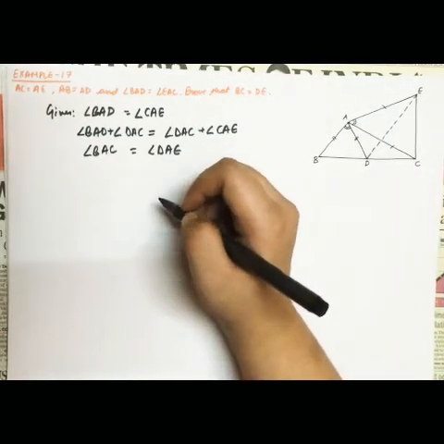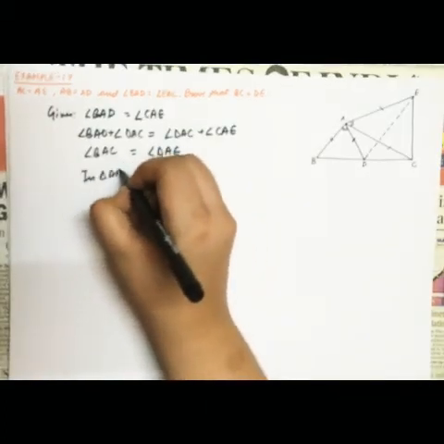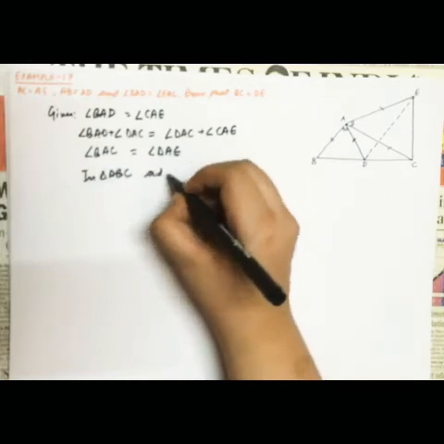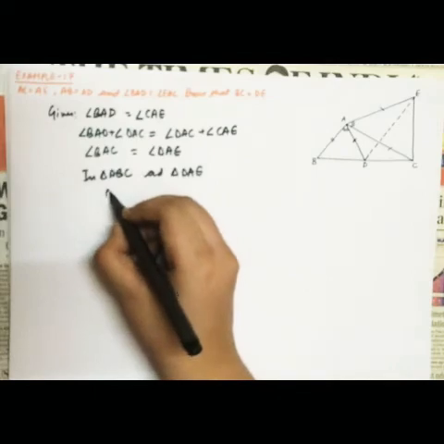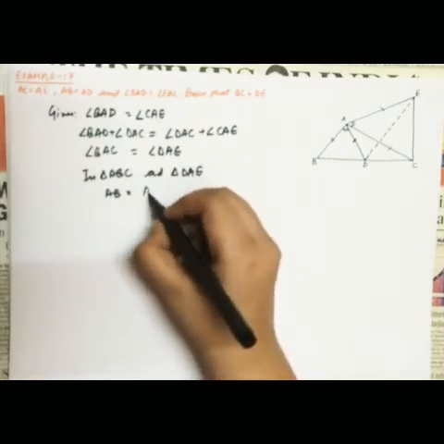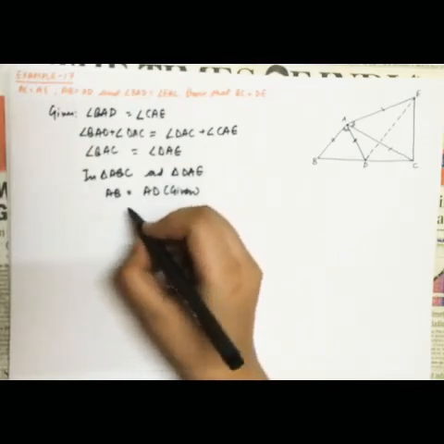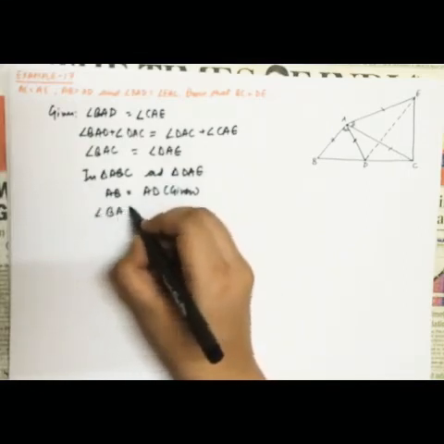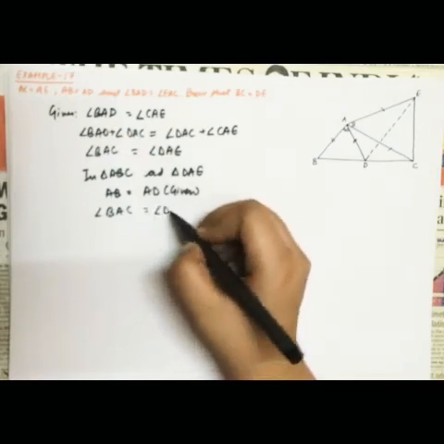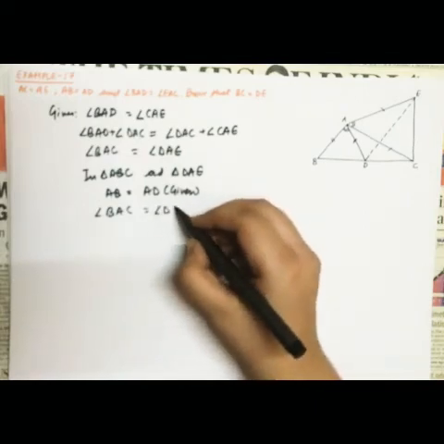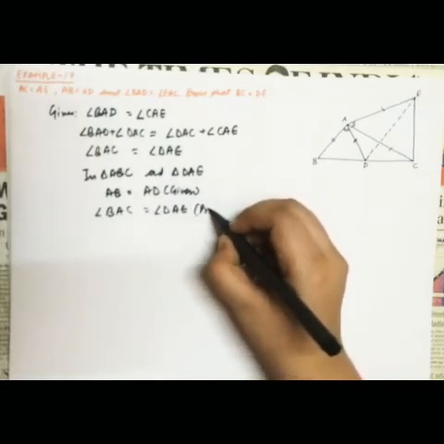So now in triangle ABC and triangle DAE, we can say that AB is equal to AD as it is given to us, and angle BAC is equal to angle DAE, we have proved this above.